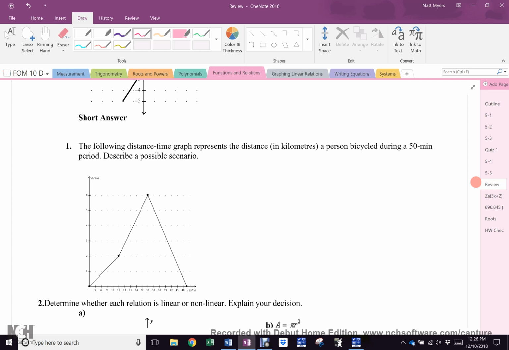Good? 3 marks: she rode away from home and rode 2 kilometers in 12 minutes. Then she continued to ride away from home and rode 4 kilometers in 15 minutes. Then she turned around and rode home, covering 6 kilometers in 30 minutes. That's 3 out of 4.